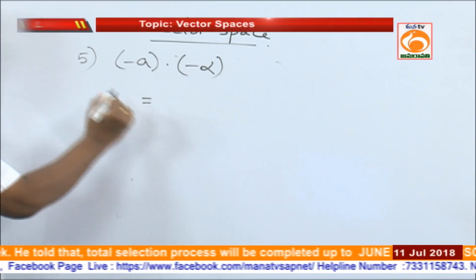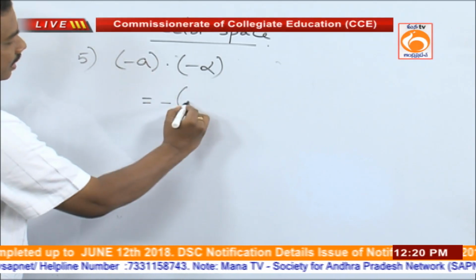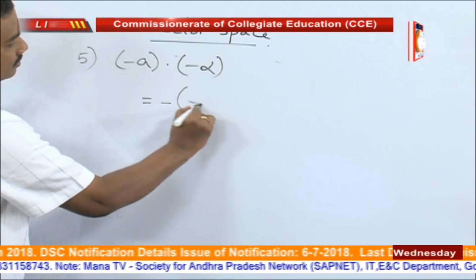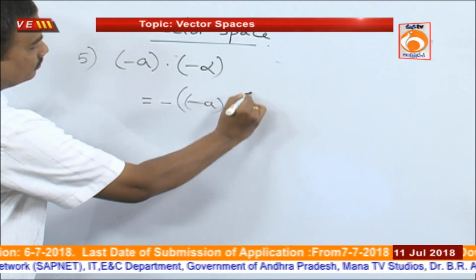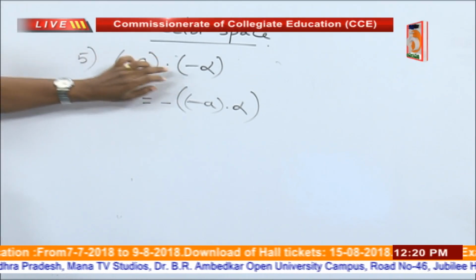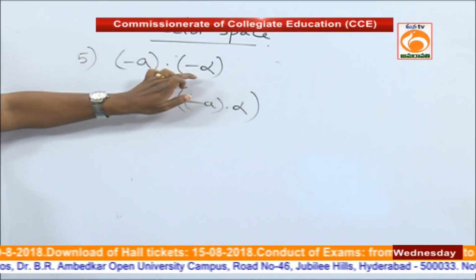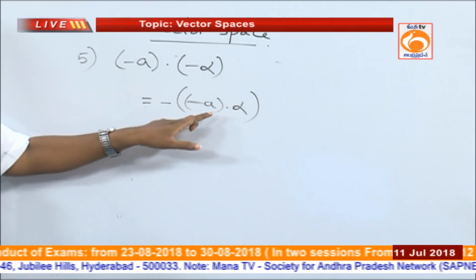So, I can write from 3, this is minus of A, in place of A I have minus A, dot alpha. So, once again try to assume this is A dot minus alpha. So, the third result says this is minus A dot alpha. Now, what does the fourth result say?